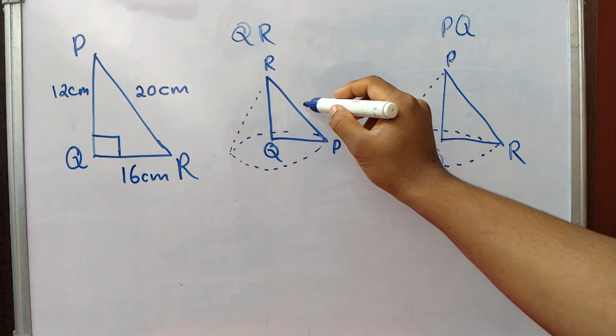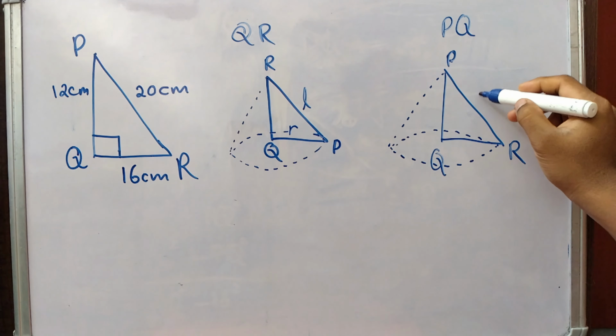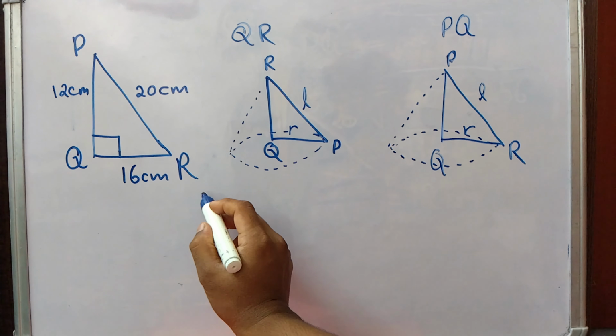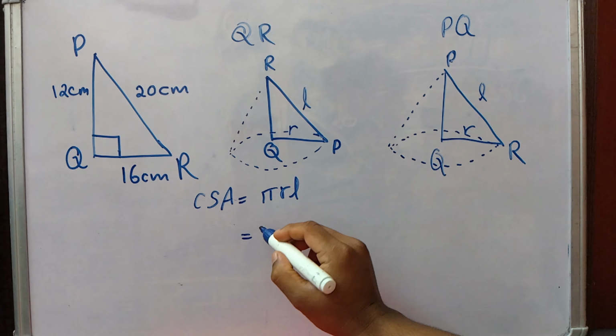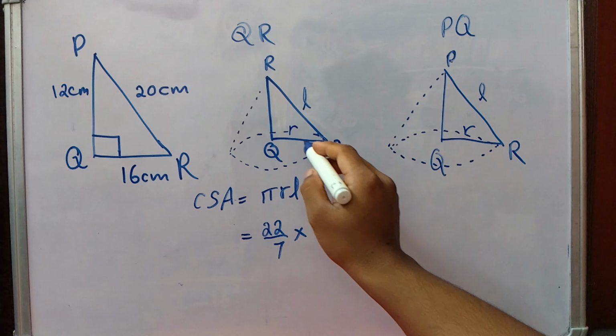So for this cone, this is our slant height L and this is our radius R. Now we are asked to compare the curved surface areas of both these right circular cones so formed by rotating the triangles that is given. So the CSA formula for this cone is pi R L, which is equal to 22 by 7 into, what is this radius?